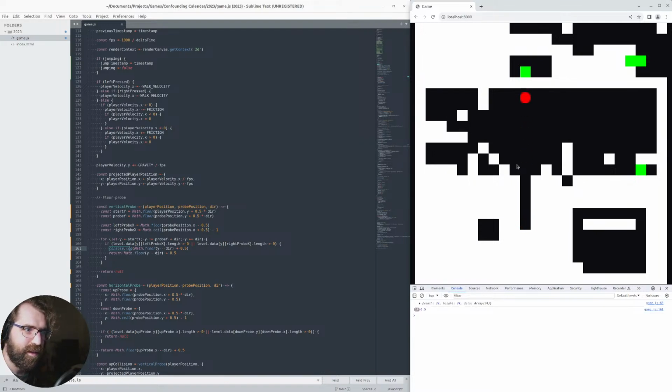So that is why. It's the why it's probed and found the wall, minus the dir. So in the opposite direction to the direction I'm probing, plus 0.5. Why would that ever be 6.5?